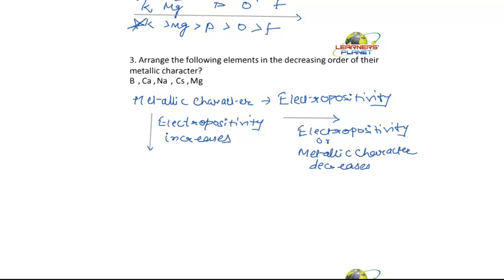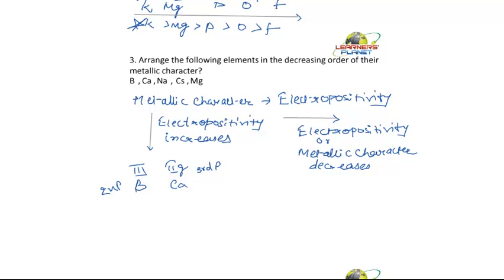right? Now let's find out to what all periods and groups these elements belong. So boron, it belongs to which group? Third group. And second period. Calcium belongs to second group, right?